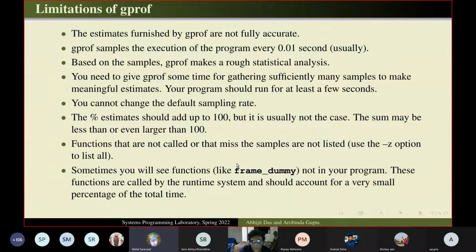In addition to whatever functions you have written, main, F1, F2, F3 and all those, you will see some such functions which you didn't write. These functions are called by the runtime system and should account for a very small percentage of the total time. If they take too much time, then there is something wrong in your code. Anyway, these functions are not in your control. They will always run.